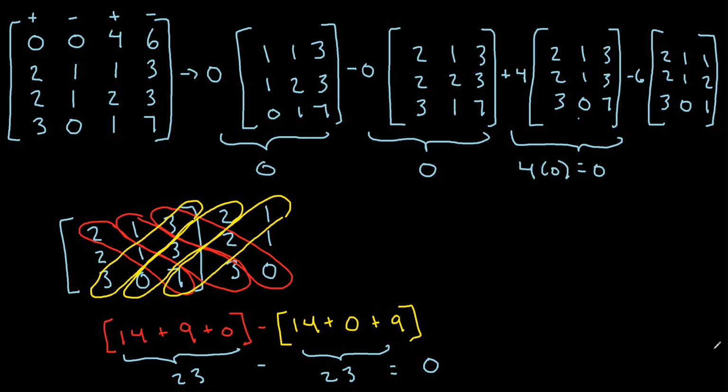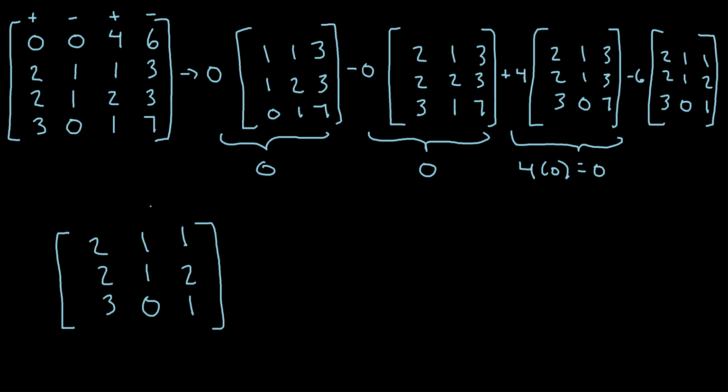So we have to add that with this negative 6 times the determinant of this matrix. So let's make a little room here. Okay, so we need to find the determinant of this 3 by 3 matrix. So we can use the same trick where we take these first two columns and we write them on the outside of the matrix. So let's do that. So let's write 2, 2, 3, 1, 1, 0.